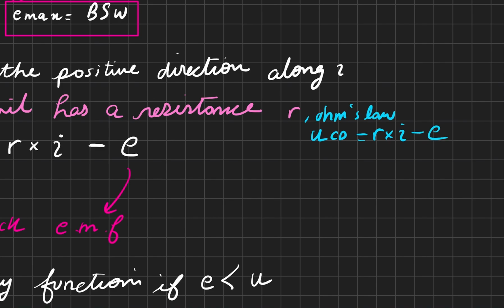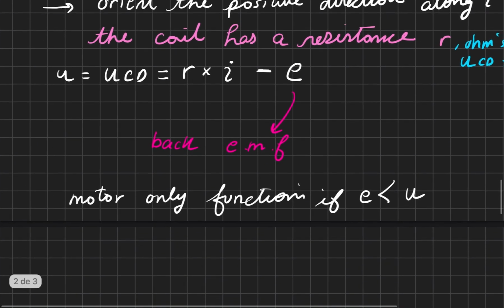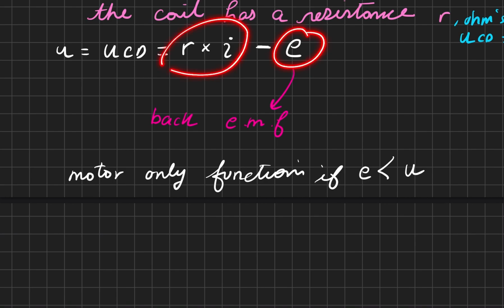So U CD would be R I minus E, which is the back electromotive force. And for this motor to function normally, we need to have E smaller than R I, so E should basically be smaller than U by itself.